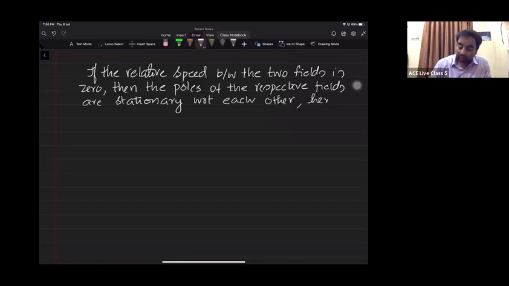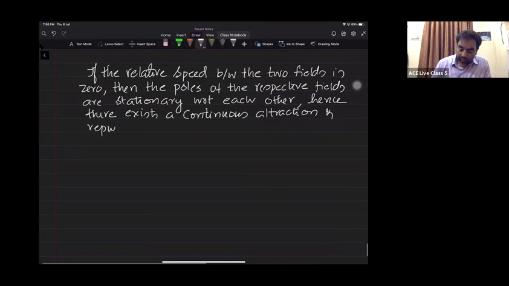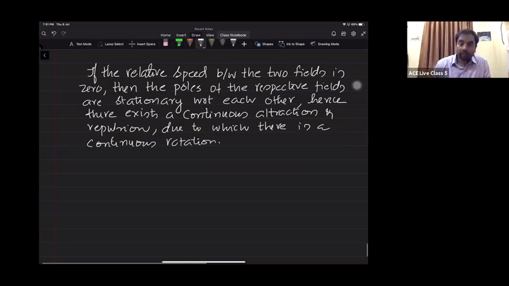Hence, there exists a continuous attraction and repulsion, due to which there is a continuous rotation. Continuous rotation. I hope this is clear.